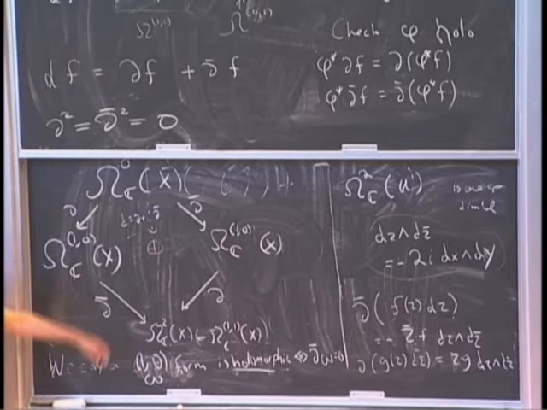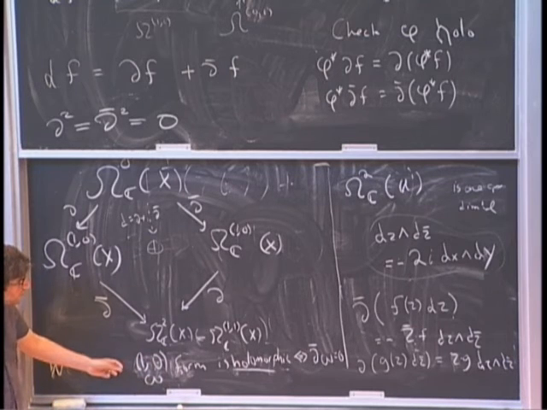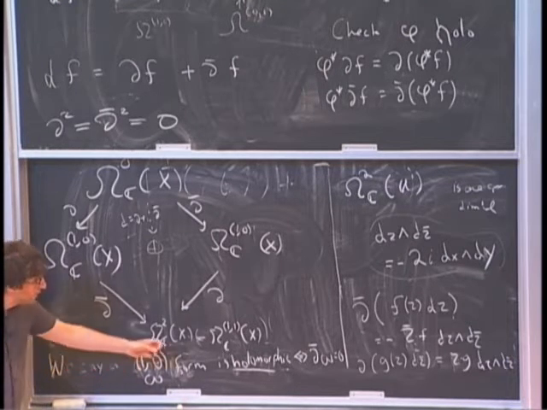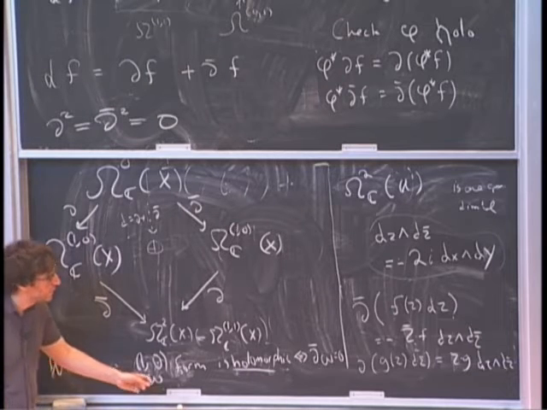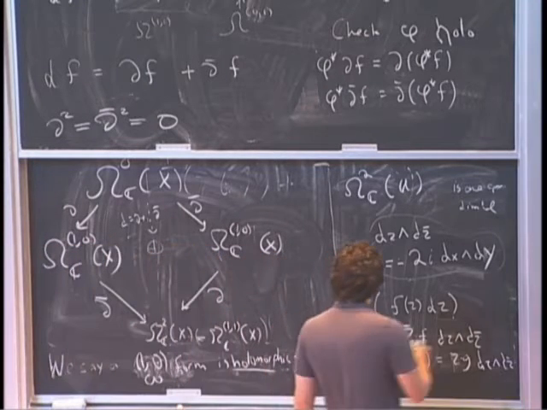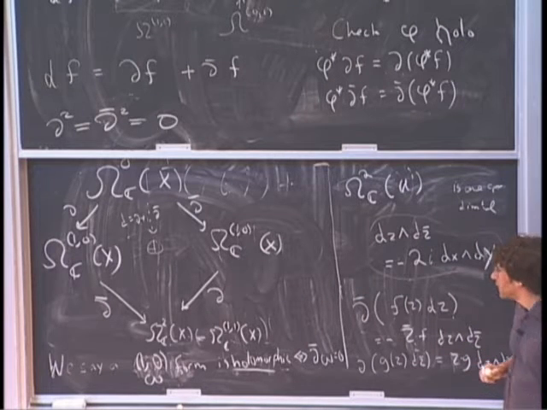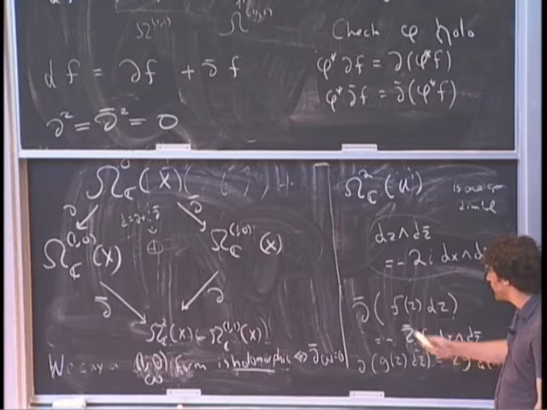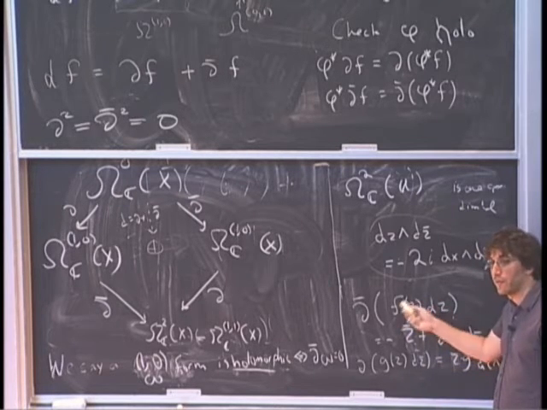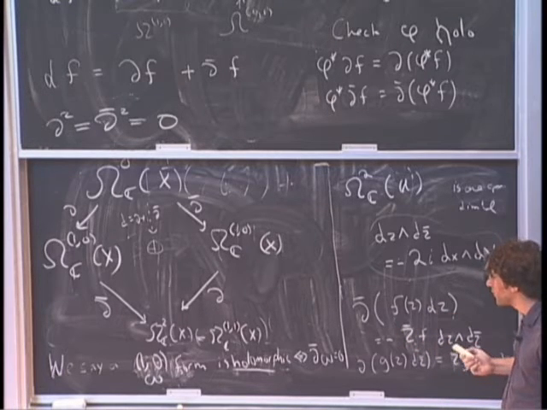But since we're in a pretty simple situation, just as we could think of meromorphic functions as maps into the Riemann sphere, it's not too hard to define a meromorphic one form or 1,0 form to be a 1,0 form which is holomorphic away from a discrete set of points, and in local coordinates in a neighborhood of any of those discrete points, it's of this form where f is meromorphic. And then one has to, of course, check that's well defined, but that's a simple exercise.